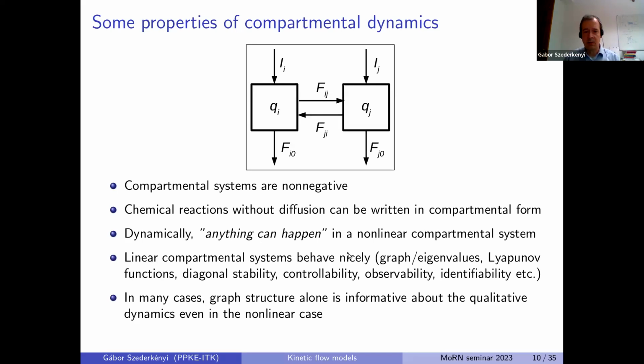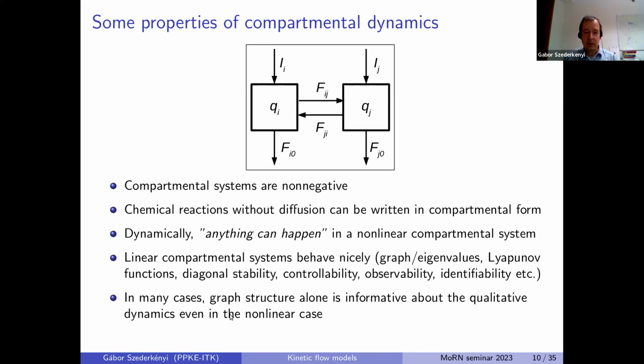We know a lot about the relationship between the compartmental graph and the eigenvalues of the system matrix. We have different Lyapunov functions, the nice diagonal stability, structural controllability, observability, identifiability. So these are very nice objects.